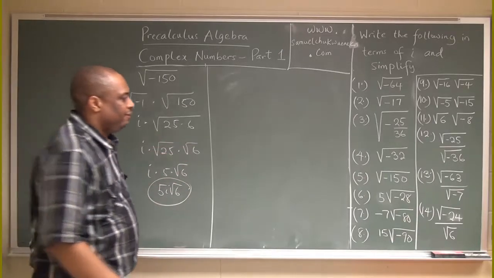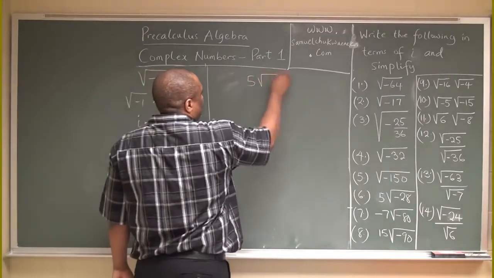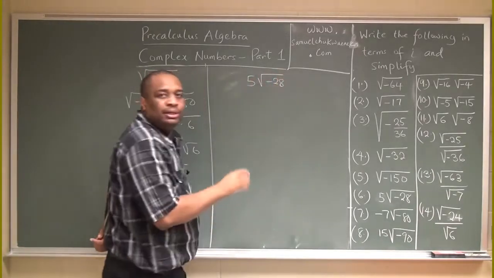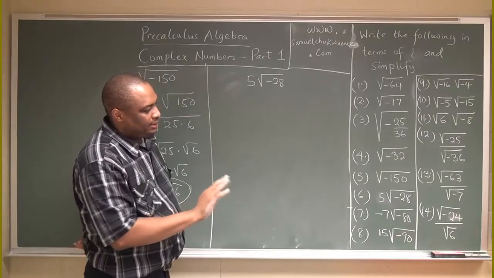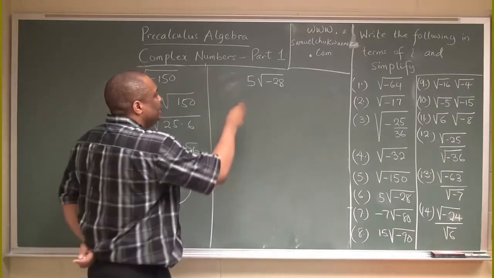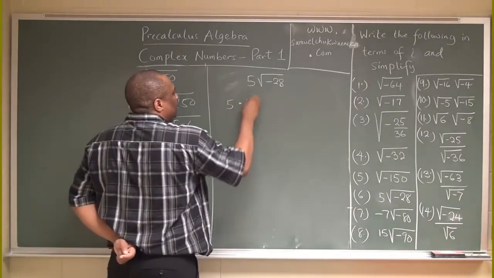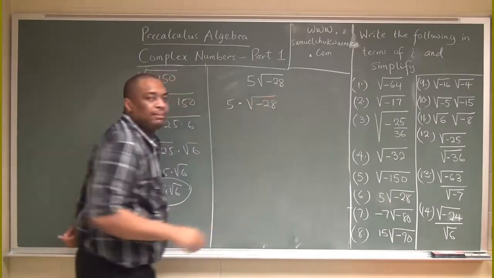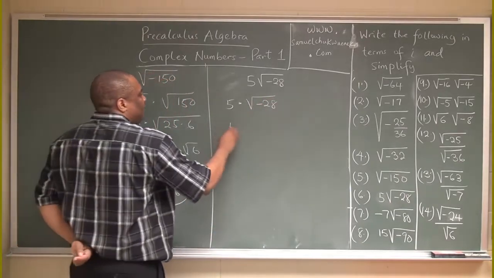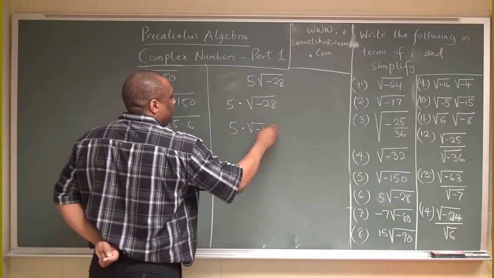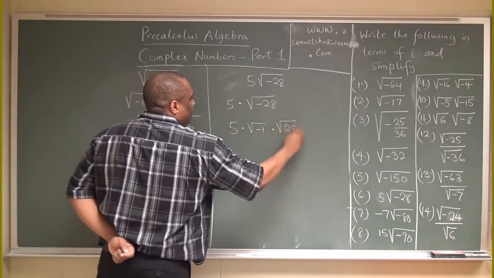Then the next one, 5 square root of negative 28. Don't be scared about this. We will do it the same way. This means 5 times the square root of negative 28, so 5 times square root of negative 1 times square root of 28.